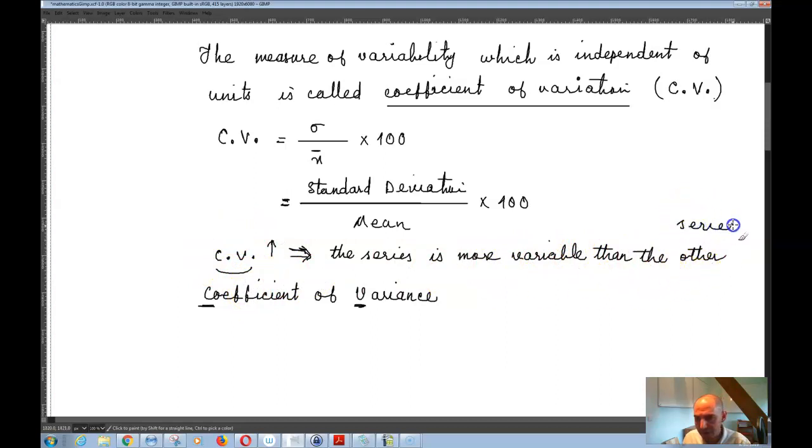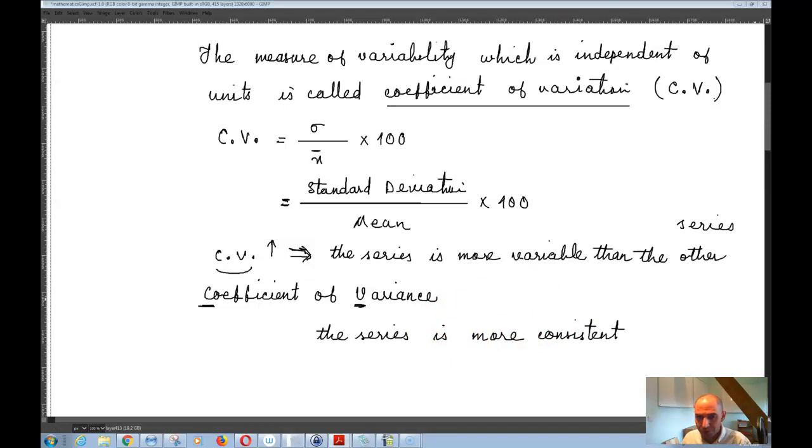And the series having a smaller number for the coefficient of variance is said to be more consistent than the other. So that's the terminology that we use.